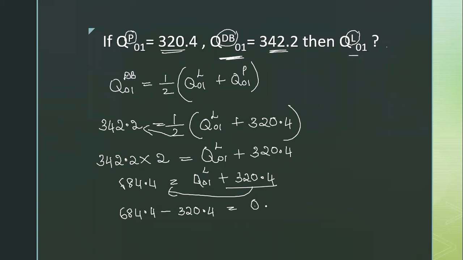What remains here is the quantity of the base and current year under Laspeyres. So the value is 684.4 minus 320.4, and you are getting 364 as the value under Laspeyres. This is the answer. Do not get confused when you bring the terms to the other side. Write it straight properly, and do not make it minus 364 again.